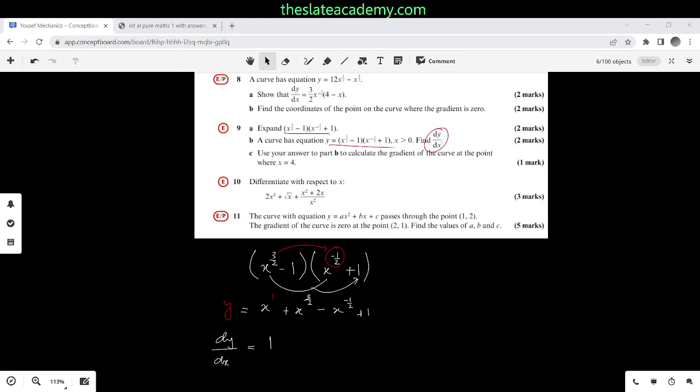For 3 over 2 x to the power 3 over 2, it will be 3 over 2, x to the power 3 over 2 minus 1 will be half, x to the power half, minus minus it will become plus 1 over 2, x to the power minus half minus 1 will be minus 3 by 2, and for this one it will be 0.